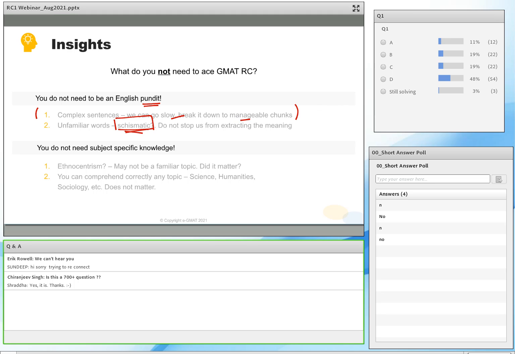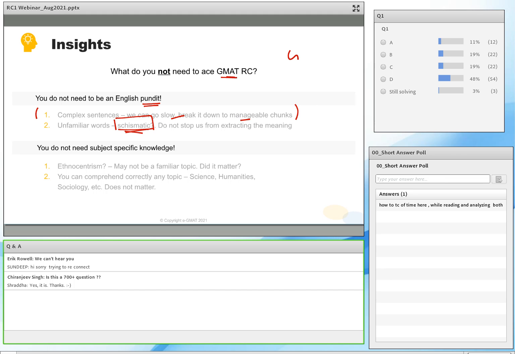Because unlike GRE, GMAT is not intended as a test of your vocabulary. You're not going to be mugging up words and improving your vocabulary for GMAT. It's a test of your logical ability. It's not intended as a vocabulary test, which is why you will always have unfamiliar words, but you should trust the test maker. If the word is really important, the author will give us some way to infer the meaning of that. That's the fundamental aspect.